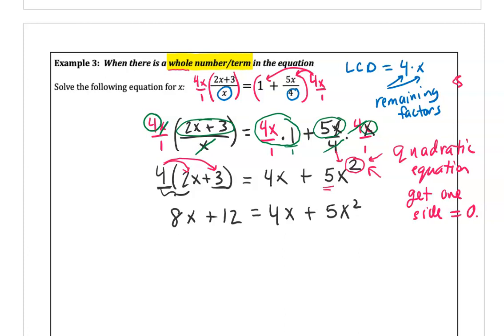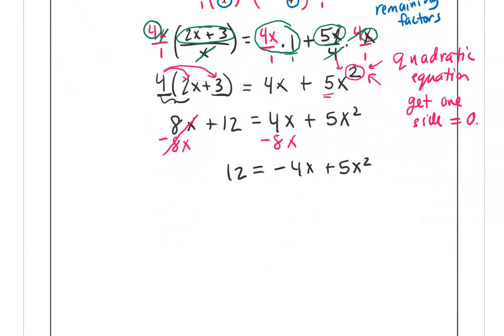So I'm going to start by subtracting the 8x from both sides. I want to get all of the things on this side, and I want to get 0 on the left. So when I subtract 8x from 8x, I get 0. When I subtract 8x from 4x, I get negative 4x. And then I want to subtract the 12 from both sides so that I can get my 0 on one side.